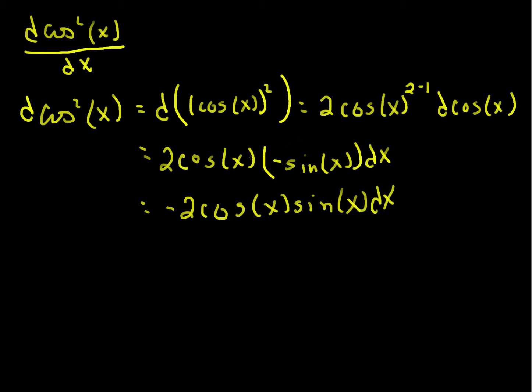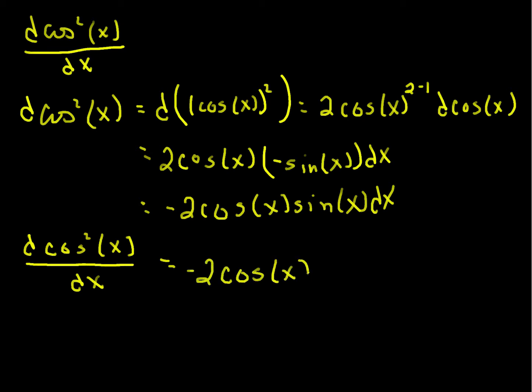So the derivative of cosine squared with respect to x: you take the differential, you divide by dx, that dx will cancel, so what you get is negative 2 cosine of x times sine of x. And that's our answer.